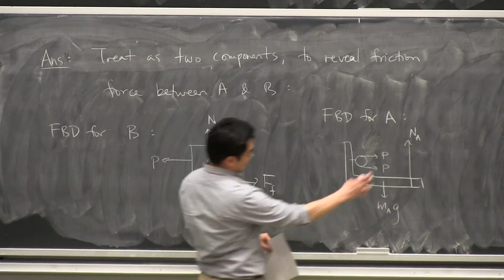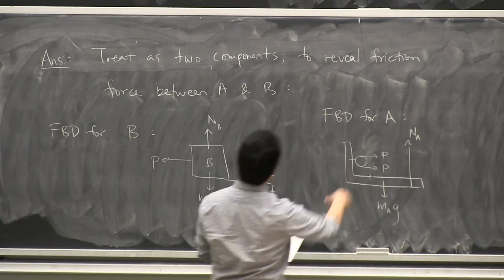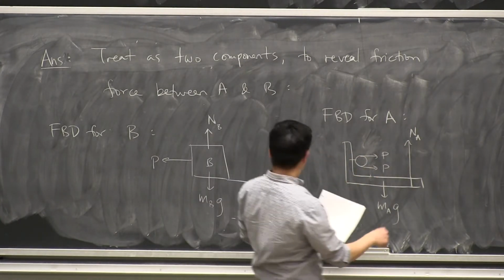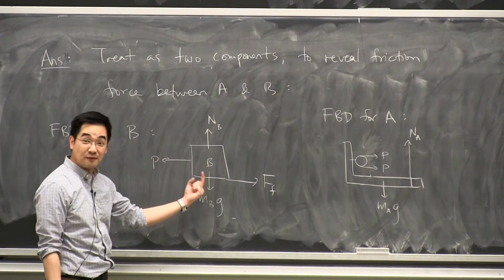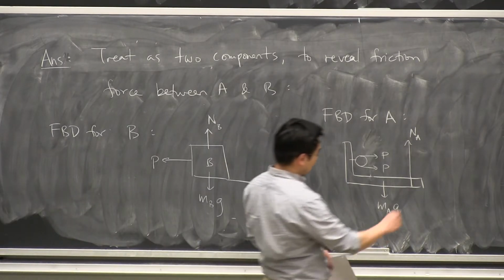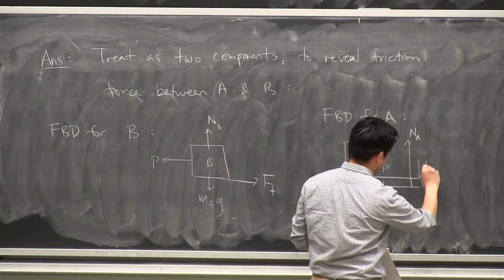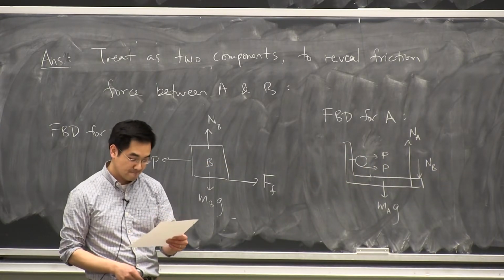And so the idea is there's actually a force of the block B sitting on top of mass A. And so this NB here, the normal force, is actually acting from the L bracket on this block. It actually means that this is an equal and opposite NB sitting on top of the L bracket.